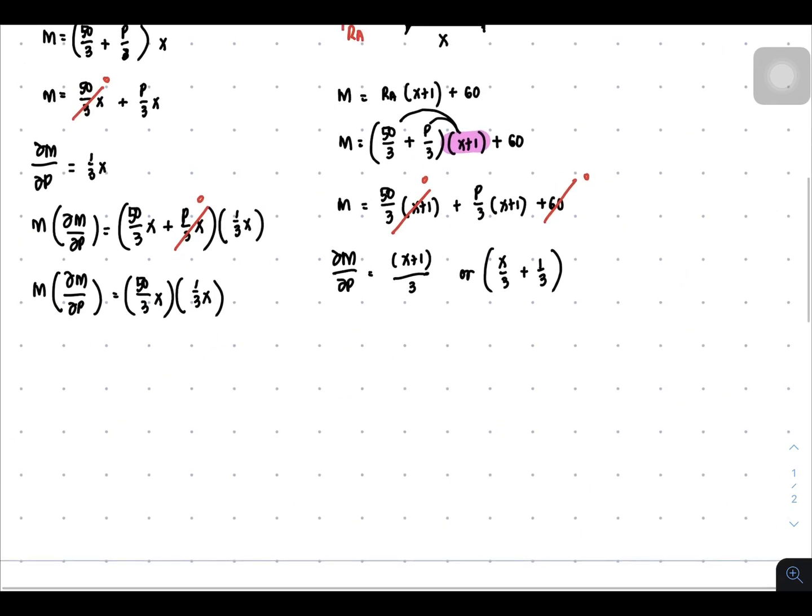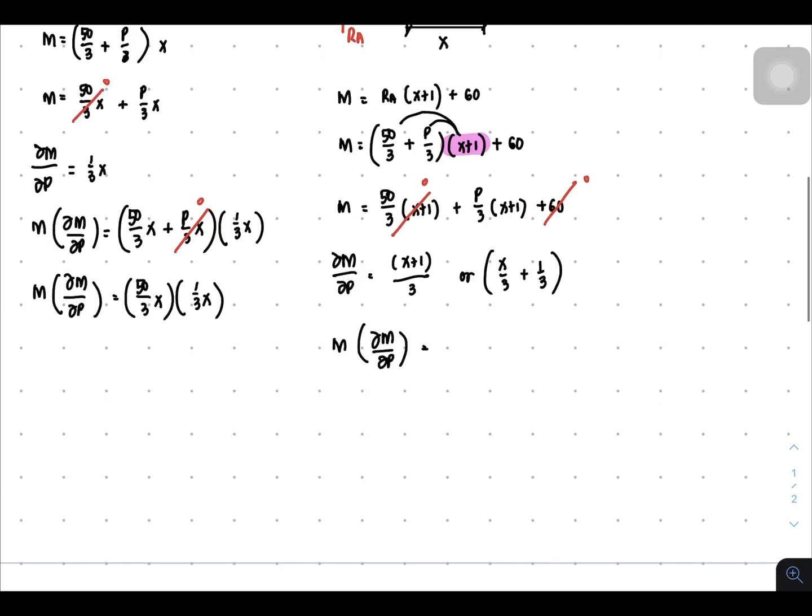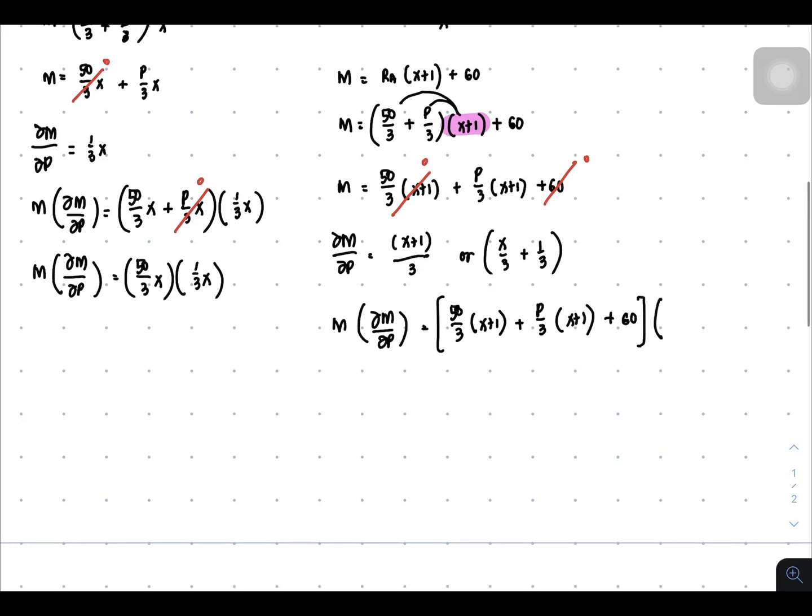So there. Get now the product of M with respect to the partial derivative. So it's going to be 50 over 3 times x plus 1 plus P over 3 times x plus 1 plus 60, and you get the x over 3 plus 1 over 3.